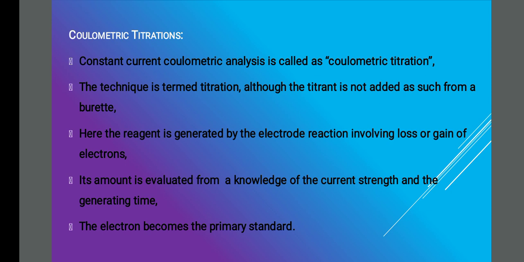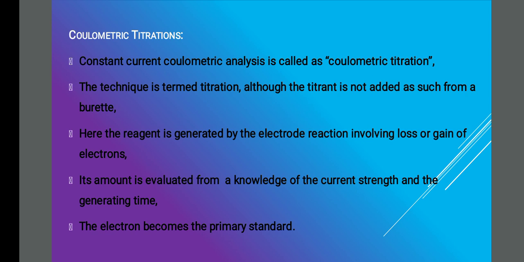So coming to constant current coulometric analysis, it can also be called coulometric titration. In this technique, we are using the term titration, although the titrant is not added as such from the burette. We are not using any burette. The reagent is generated by the electrode reaction involving loss or gain of electrons. The amount is evaluated from the knowledge of current strength as well as generating time.